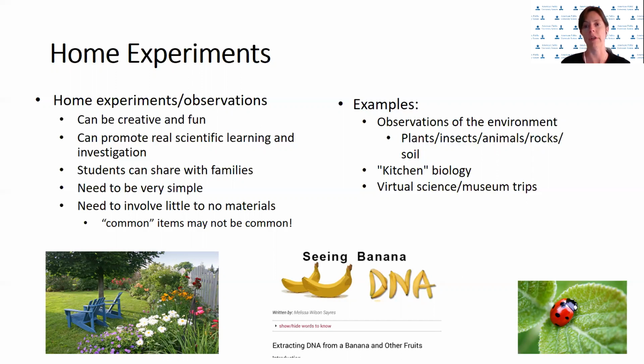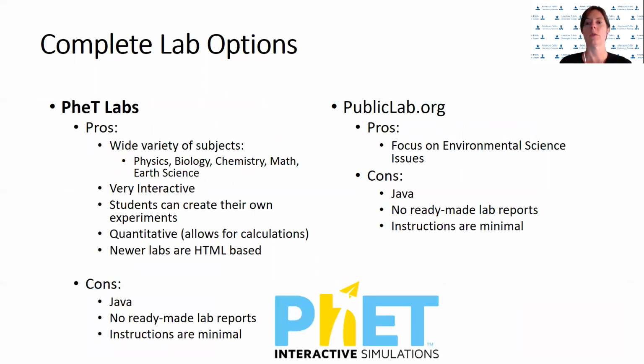There are a number of museums and also scientific institutions that are opening up their archives for student use and educational use. And there's what we would typically call kitchen biology. And I'm going to highlight two of those in particular at the end of the video that are a lot of fun.